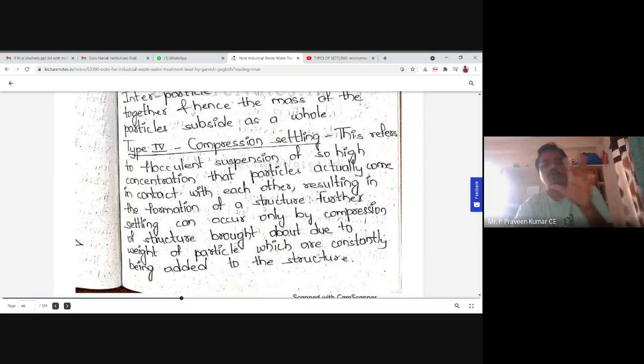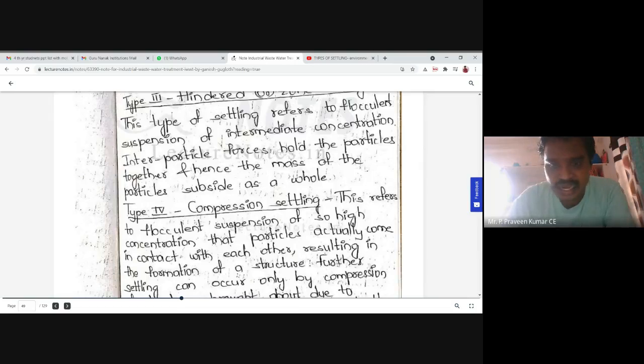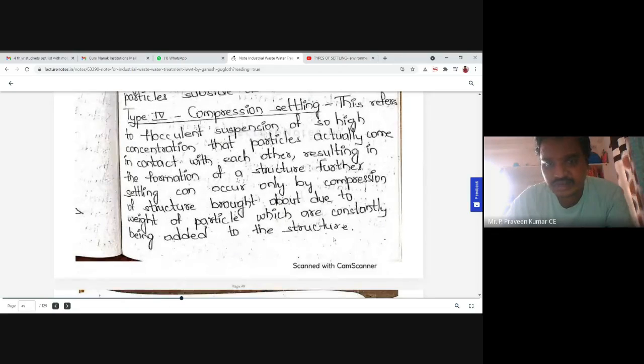So it will be made into a group, and it will form into a structure. Further settling can occur only by compression of the structure, brought about by the weight of the particles which are constantly being added to the structure. Further, the remaining particles are made into different kinds of structure that will be constantly settled at the bottom of the tank. That is about compression settling.